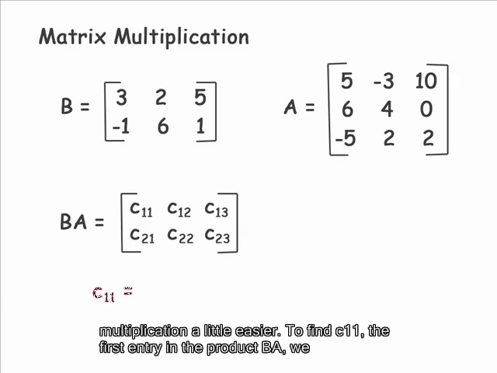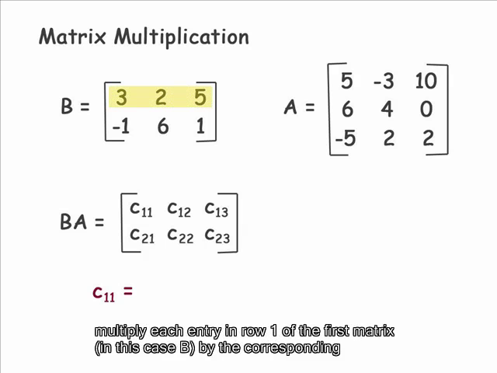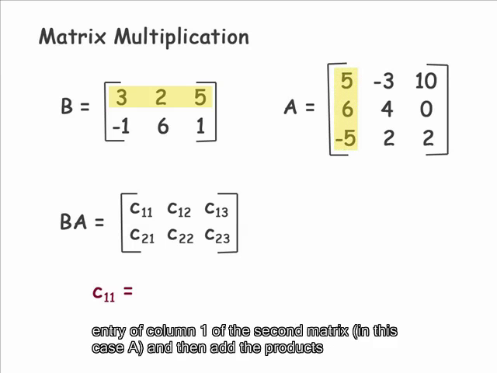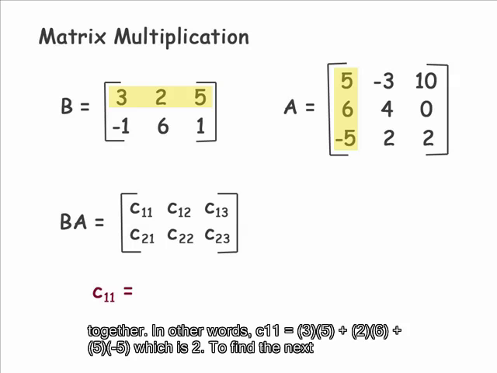To find C sub 1,1, the first entry in the product BA, we multiply each entry in row 1 of the first matrix, in this case B, by the corresponding entry of column 1 of the second matrix, in this case A, and then add the products together.